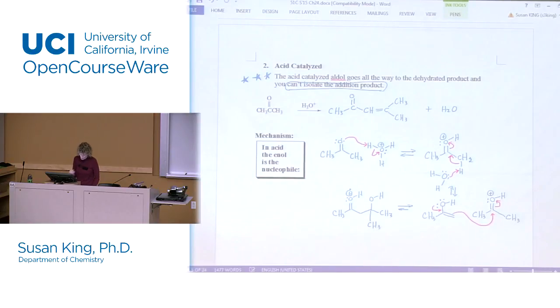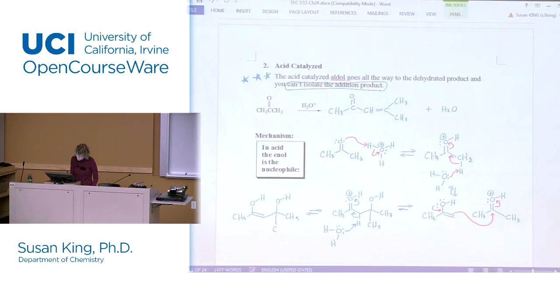We have our protonated carbonyl. We are still going to have our two-step elimination. Well, no, actually, it's going to be 3 steps, right? We're going to make the enol first. Acid catalyzed reactions always have more steps. So we're going to make the enol again. Now, what do we know about leaving groups in an acid catalyzed mechanism? What's something we always do to leaving groups in an acid catalyzed mechanism?